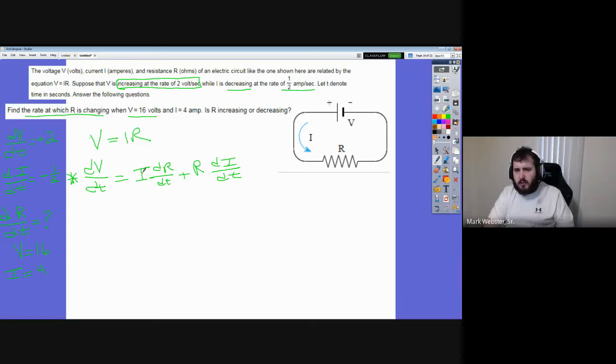So let's step back for a second. How do I find R? Well, let's look. Okay, I've got all this. Well, wait a minute, hold on. Here's another equation with R in it. I know V, I know I. Can't I just find R that way? So if I want to find what R is, V divided by I, right?